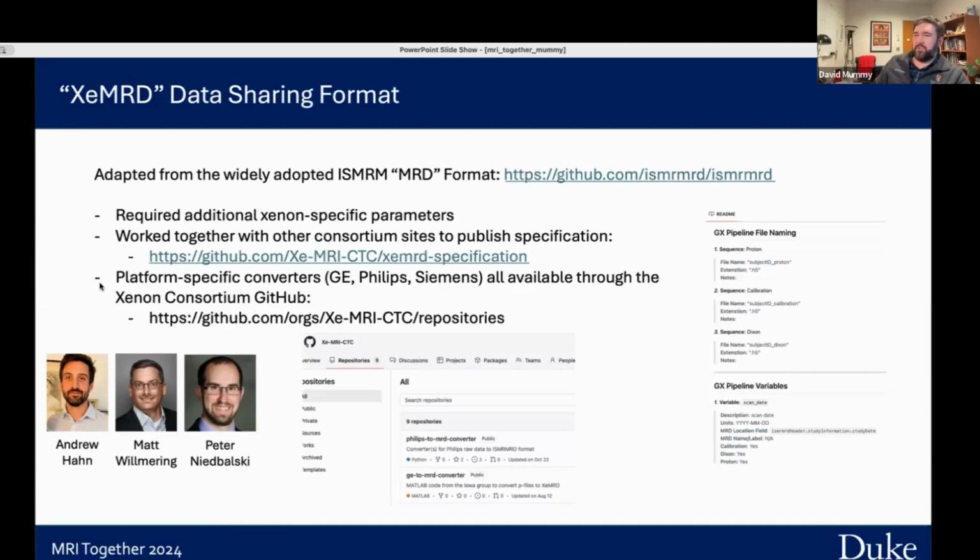And also to generate platform-specific converters to take your data off your scanner and put it into the MRD format. Of course, that has to be different for each scanner platform. And so we've got that spec, and then also all those different converters available on our Xenon Consortium GitHub.